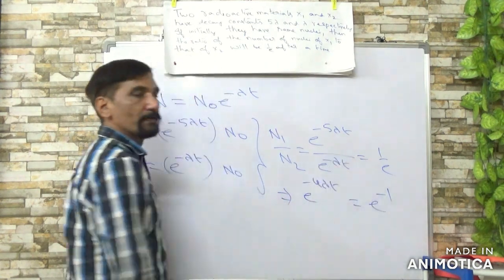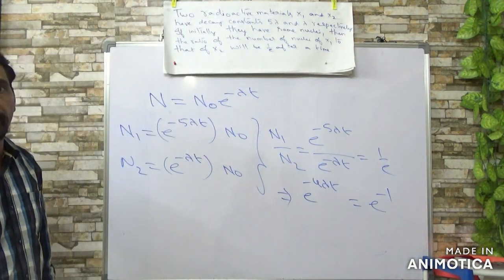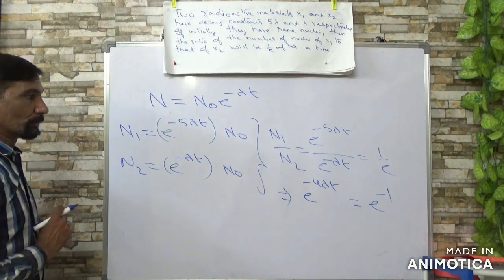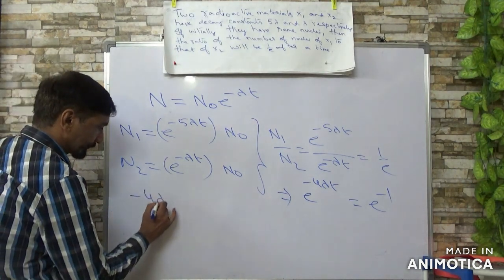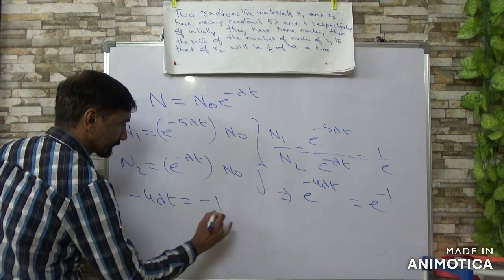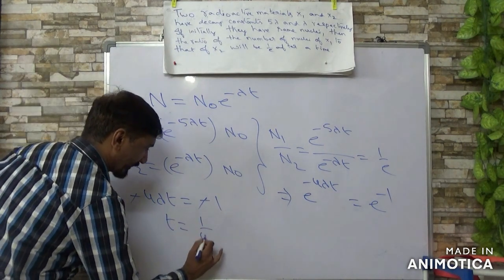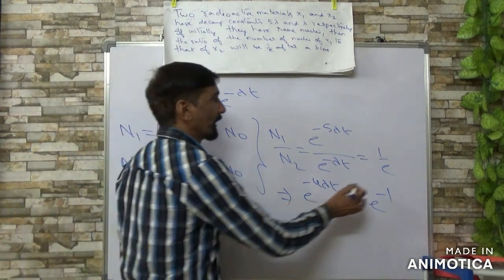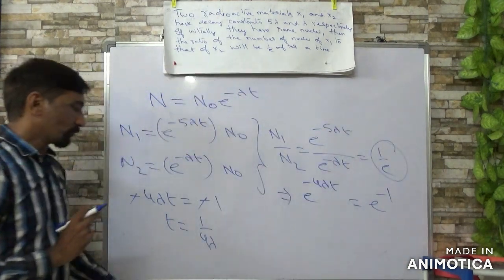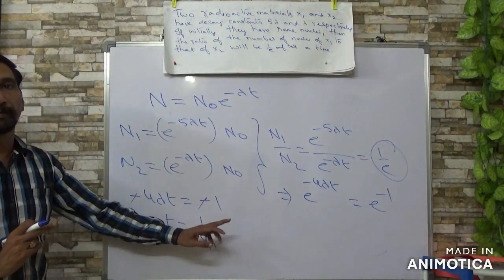Whenever bases are equated, powers are also equated. So the time taken to get the ratio as 1 by E is equal to 1 by 4 lambda.